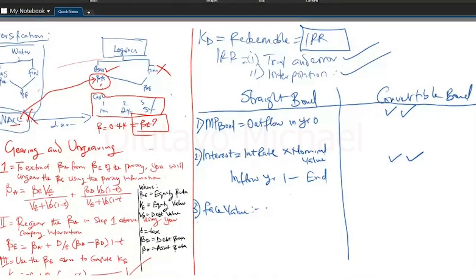If the company says our bond is currently 1,050 naira per bond, it is being sold at a premium because the nominal value of that bond is 1,000 naira.